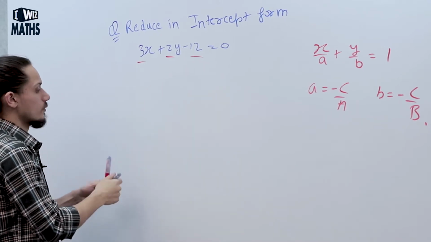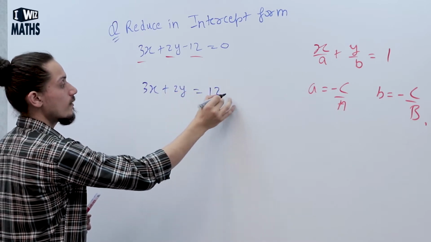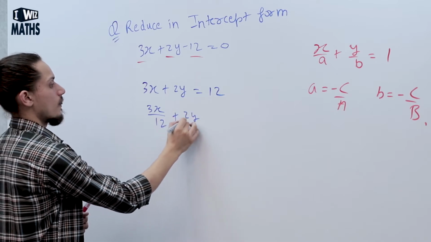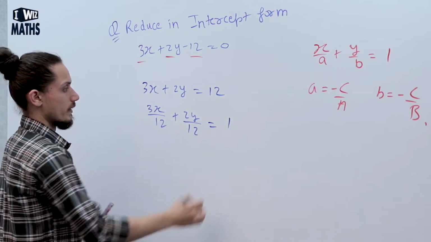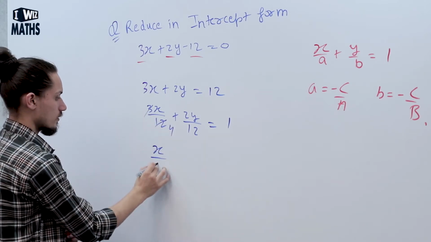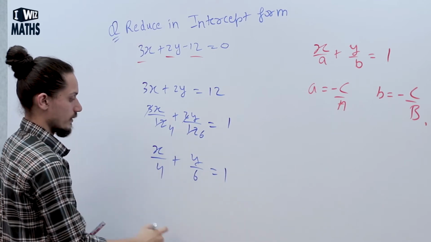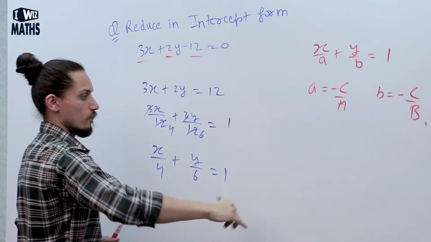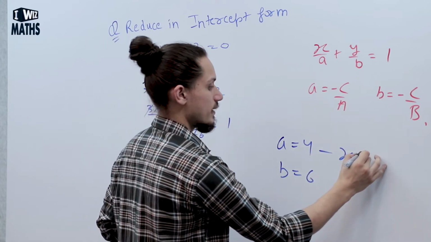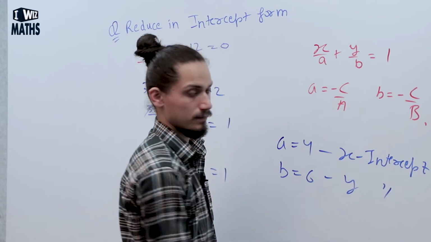So what we will do is 3x plus 2y is equal to 12 और 3x upon 12 plus 2y upon 12 is equal to 1, dividing every term by 12. Next step we get x upon 4 and y upon 6 is equal to 1. So comparing it with intercept form, we get a is equal to 4, b is equal to 6. This is x intercept and this is y intercept, and hence the solution.